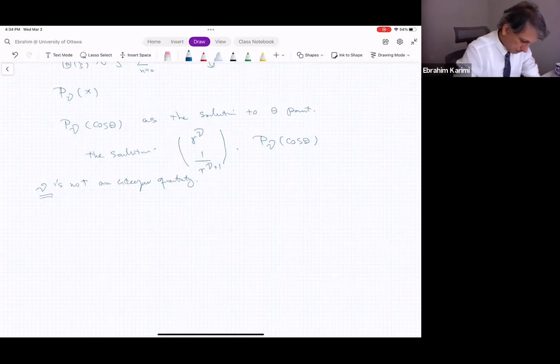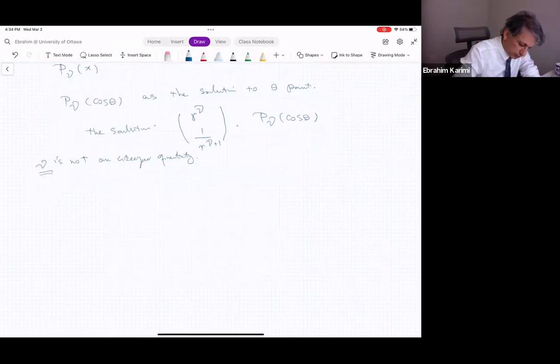So we got the solution for the potential, then, to be of r and theta, a summation over nu of a nu r power of nu plus b nu divided by r power of nu plus 1, times P nu of cosine of theta.